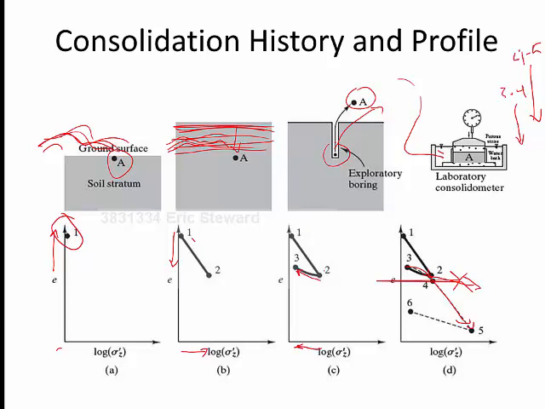This follows a slope that we call the virgin curve. The virgin curve is the slope from 1 to 2 and from 4 to 5, and it is indicative of the fact that the soil has never experienced that amount of stress in its stress history.